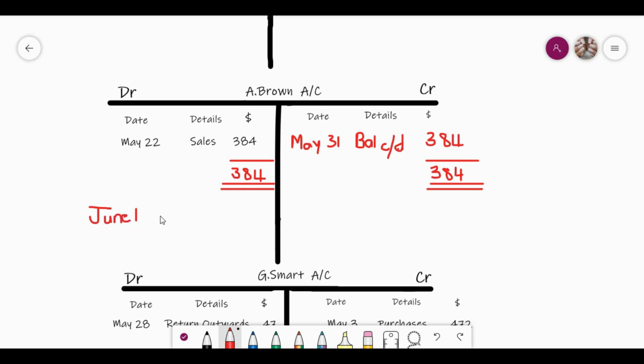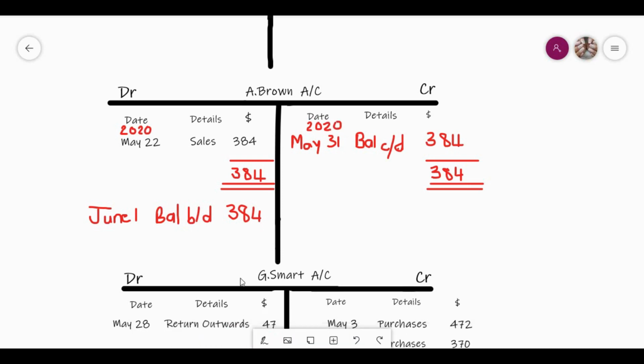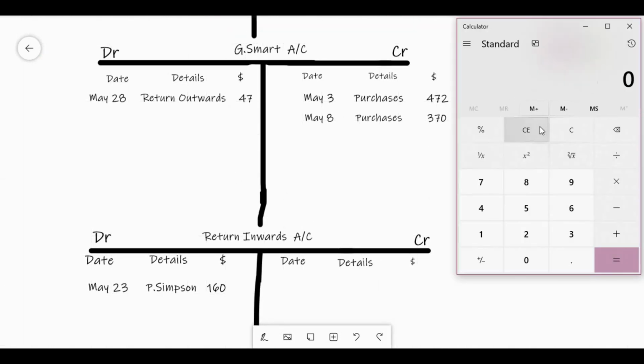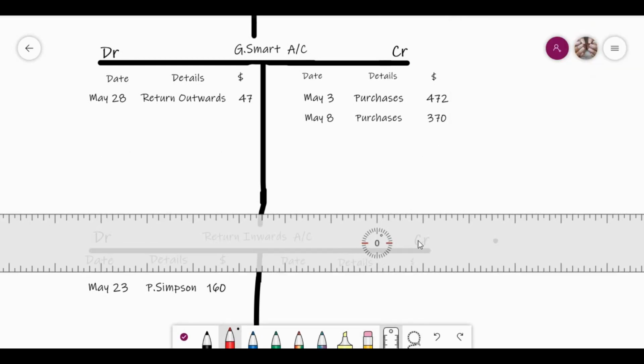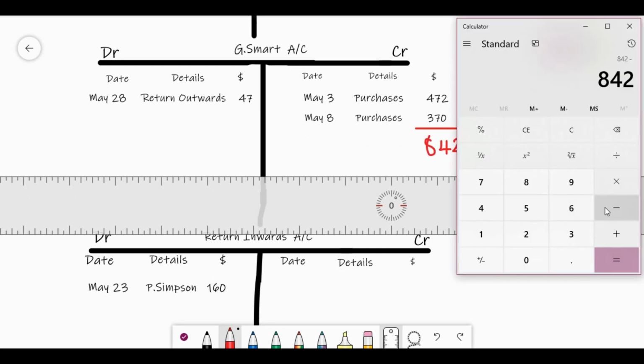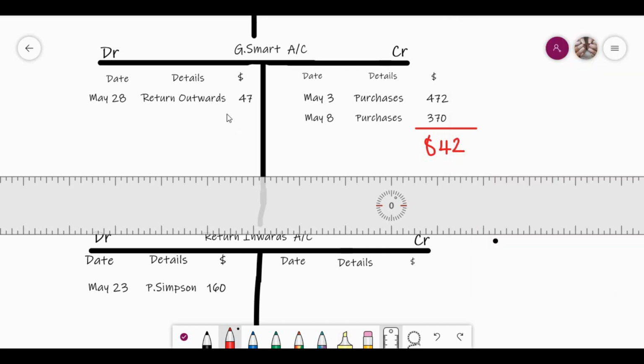June 1st, balance BD 384. I hope you are understanding. So remember to put in your date, 2020. So we're adding the larger side to know the total, and then subtracting the amount on the lesser side from the total, and then this will be our balance CD figure.